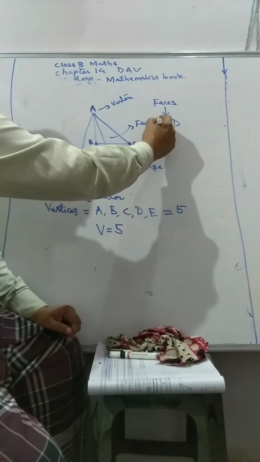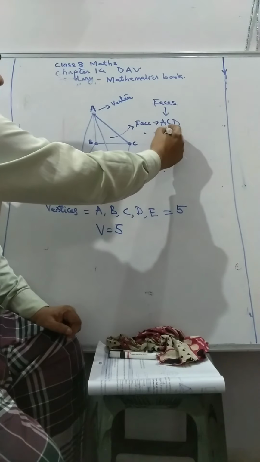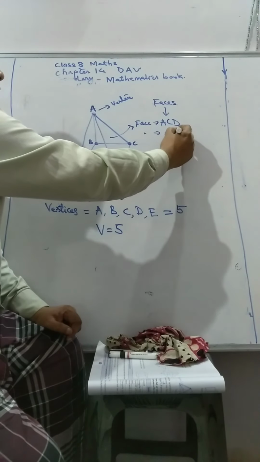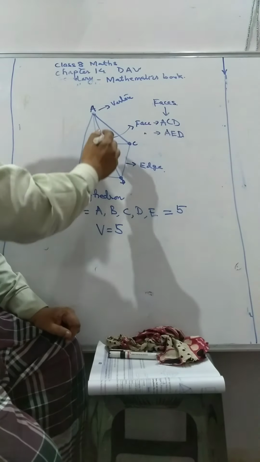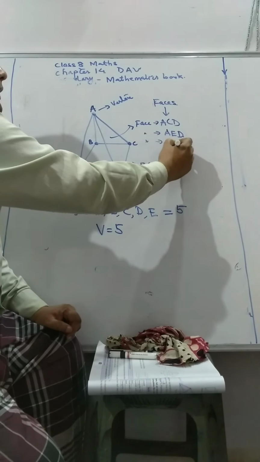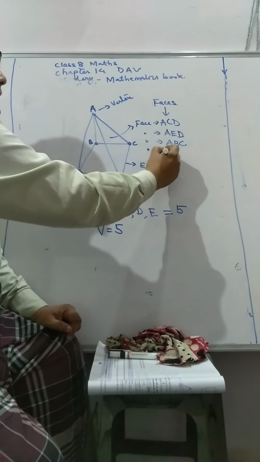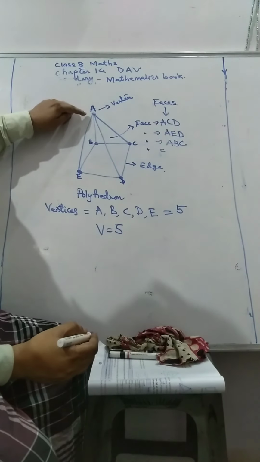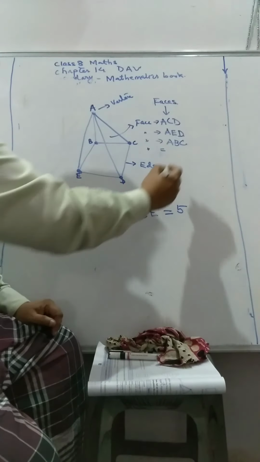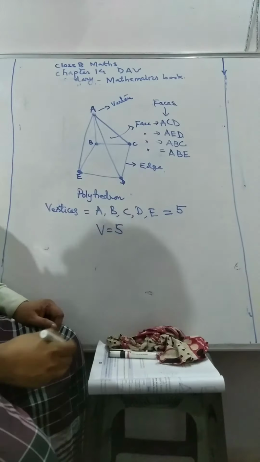Then the next face, I will write AED. Then I will write ABC, this is also a triangular face. Next is ABE. So this is also a face.